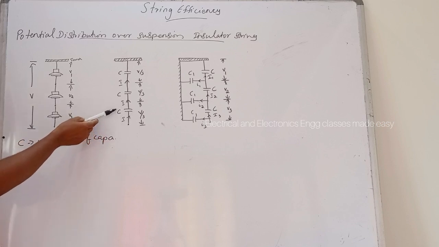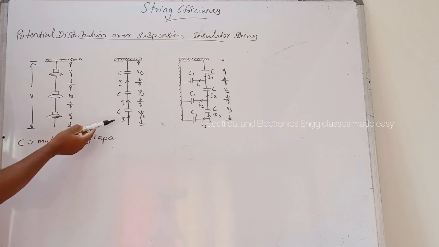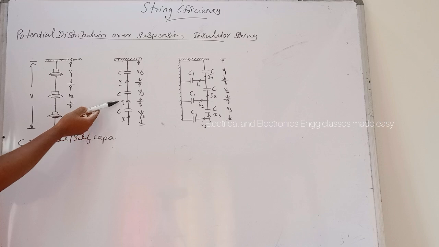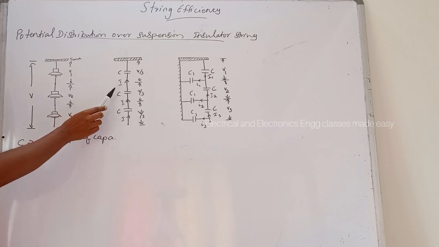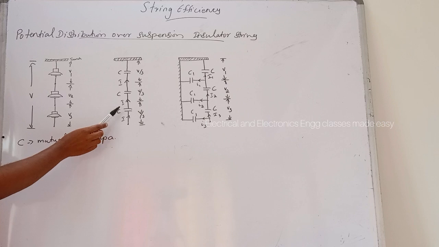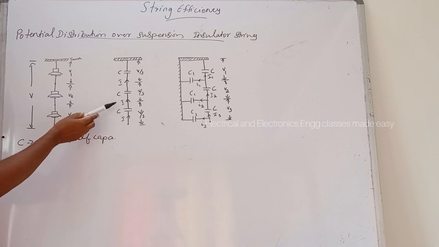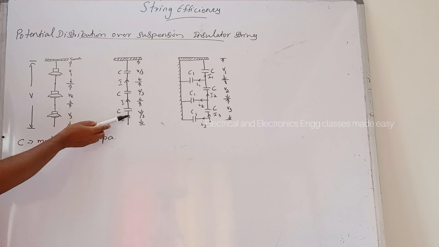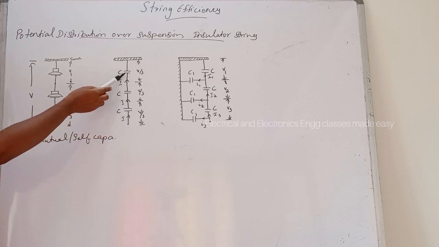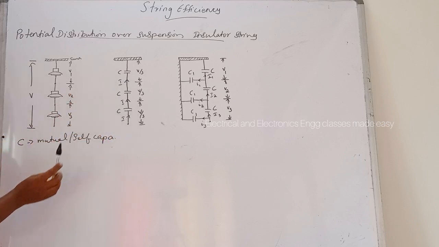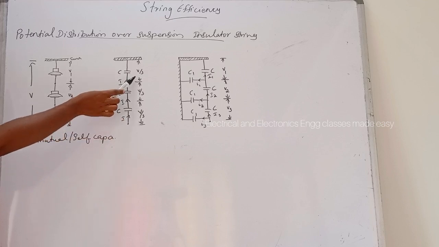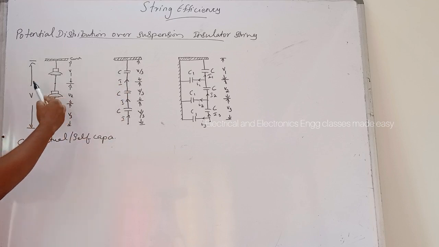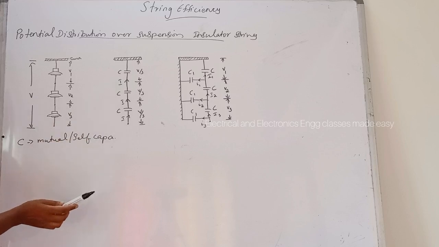So if there is only mutual capacitance and the capacitances are the same, then the voltage across each capacitance will be equal. Here there are three capacitances, so it is V by 3.